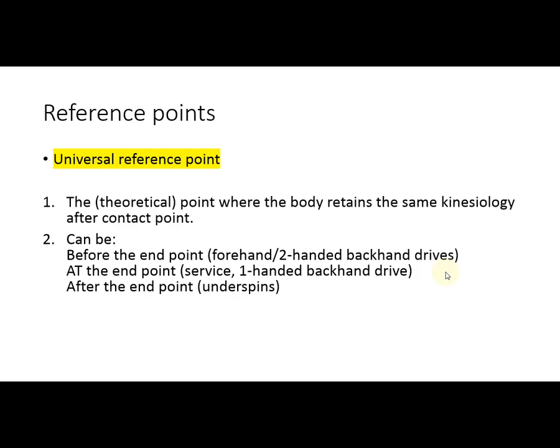But I do this up to a point. That point might be before the end point of the movement, at the end of the movement, or after the end point of the movement.